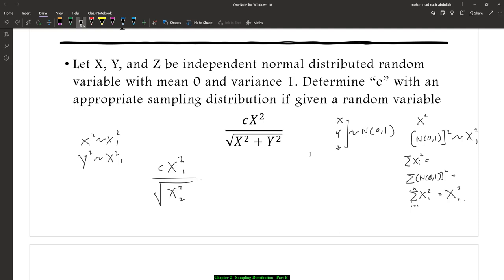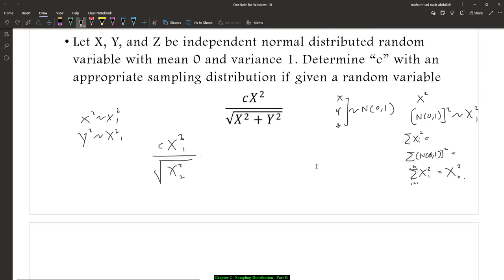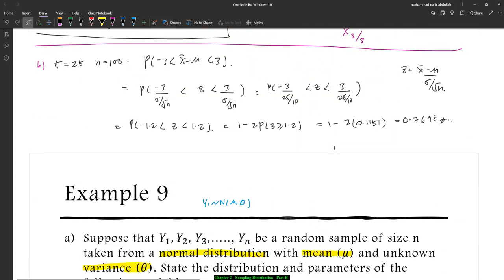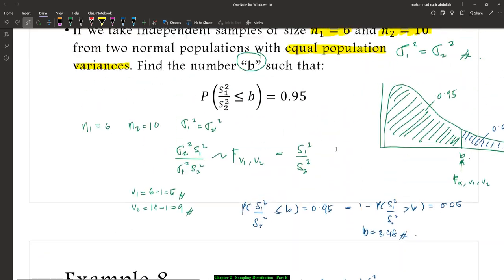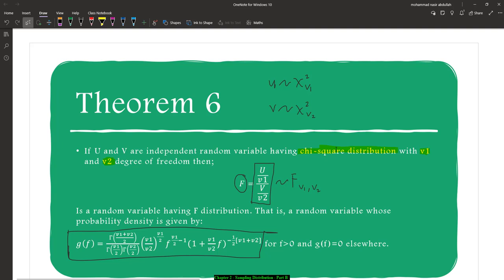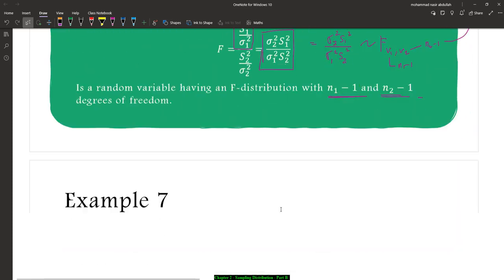If we compare with theorem number 6, sorry, theorem number 6, we are trying to divide between 2 chi squared, right?